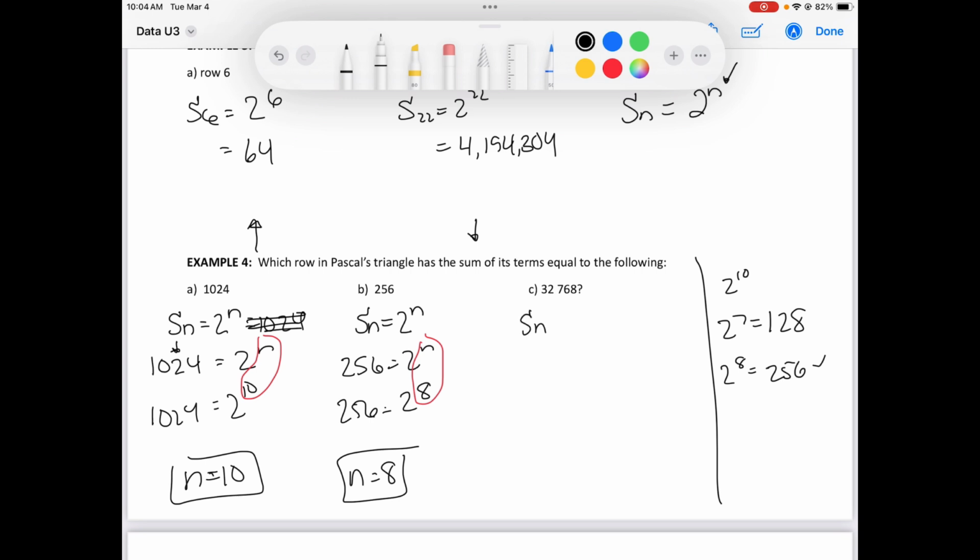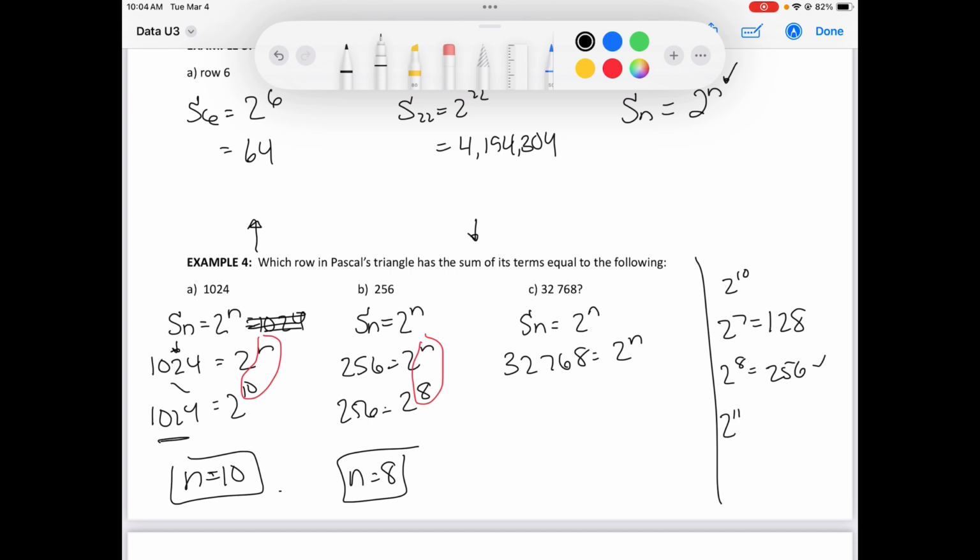Okay, the exact same thing for 32,768. Let's do this 2 to the n. So 32,768 equals 2 to the what? We know it's going to be bigger than 10 because 10 was the 1024.